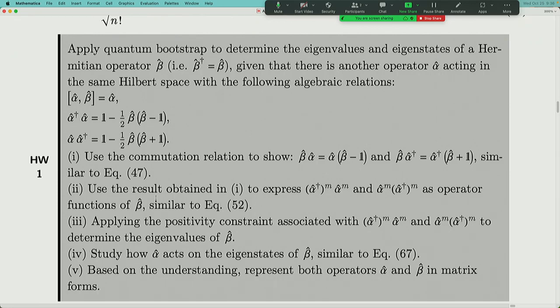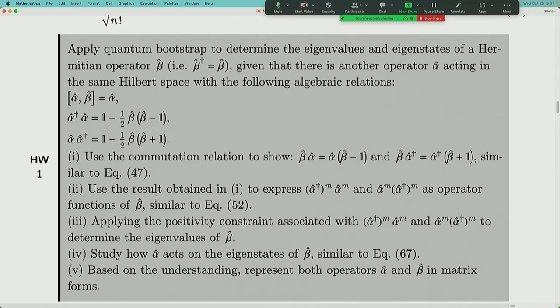And then now you can apply the positivity constraint associated to a dagger a, meaning that because we want to determine the eigenvalue or the eigenstates of beta, you need to assume that this beta operator, as a Hermitian operator, has a set of eigenbases with eigenvalue beta, where beta belongs to the reals. So what you can do is evaluate beta, a dagger to the mth power, alpha to the m power, and then beta.